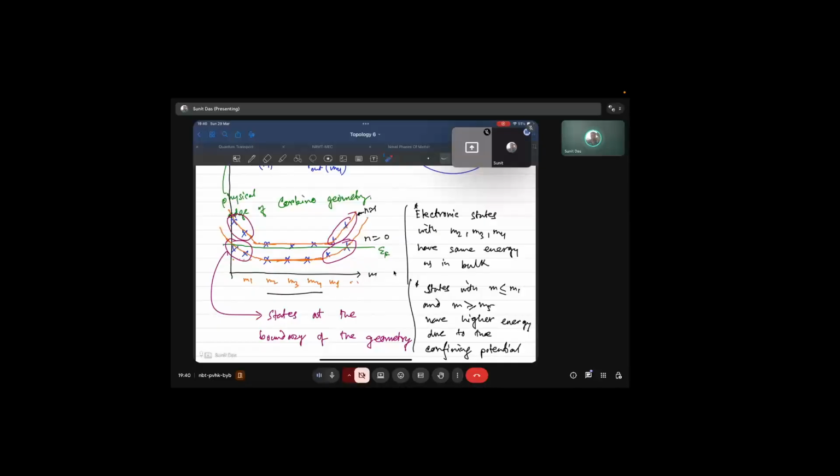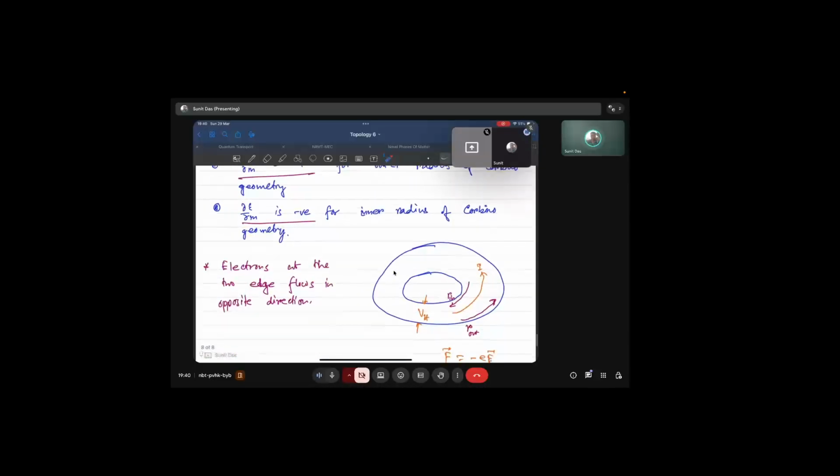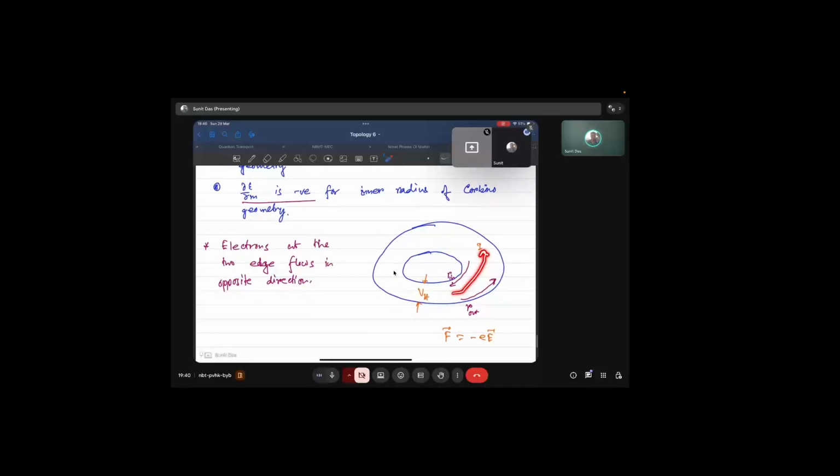But it still doesn't give rise to transport. The transport only appears when you apply an external electric field or the current. This is equivalent. And this current creates the imbalance between the number of electrons flowing along one edge and the other edge. And this imbalance between the two edges in terms of number of electrons appears as a Hall voltage.